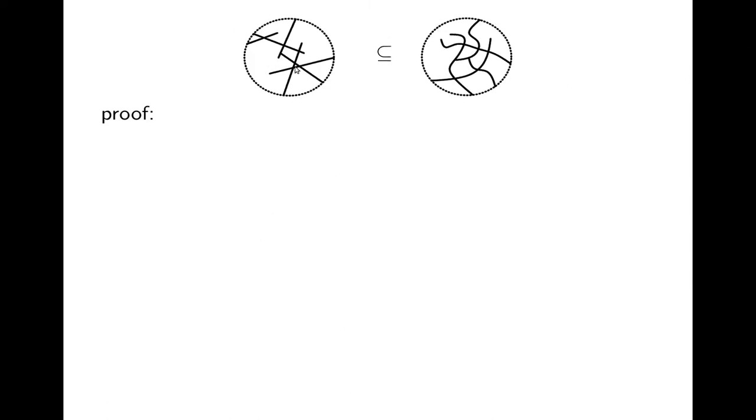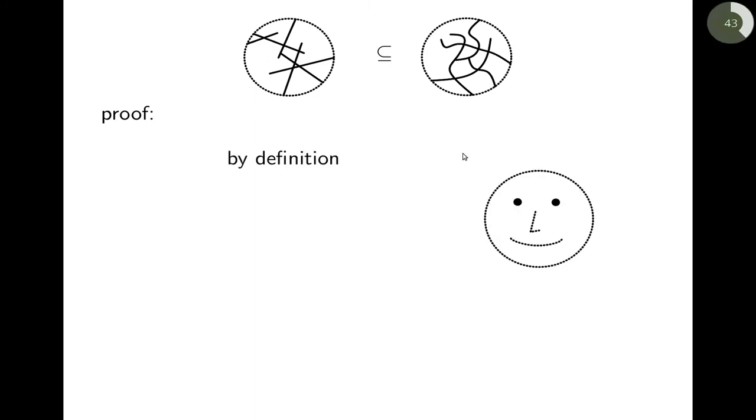Then outer segments are a subset of outer one-strings, again by definition, because here any two segments intersect at most once, and this means that any segment is also a one-string, and so this is also done by definition.